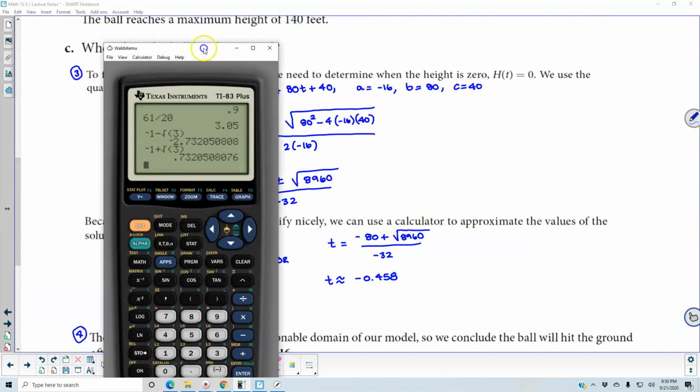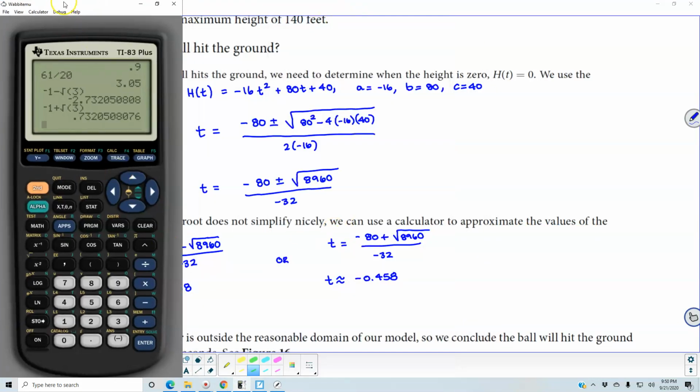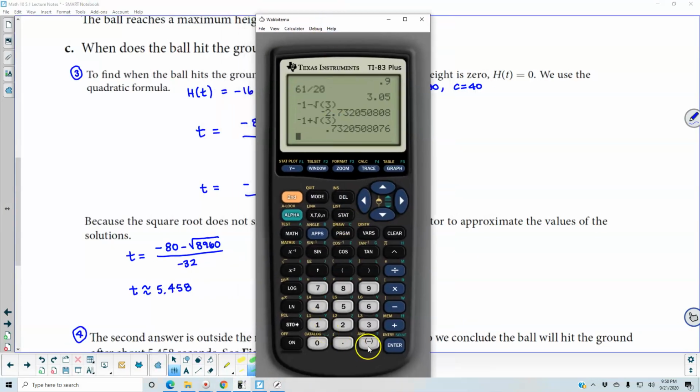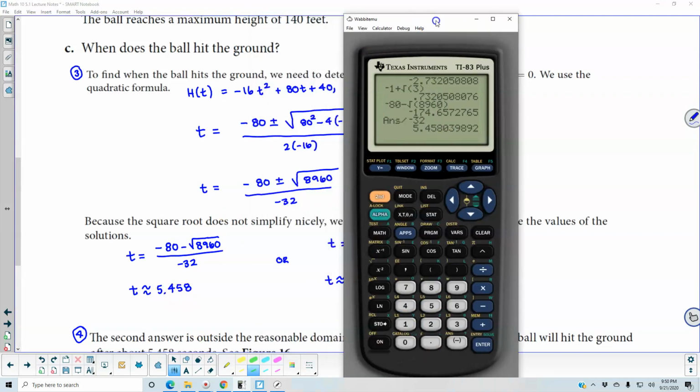So let's go ahead and do the first one. To find the first solution, we're going to take negative 80 and then subtract the square root of 8,960, and then divide that by negative 32. That gives us approximately 5.458.